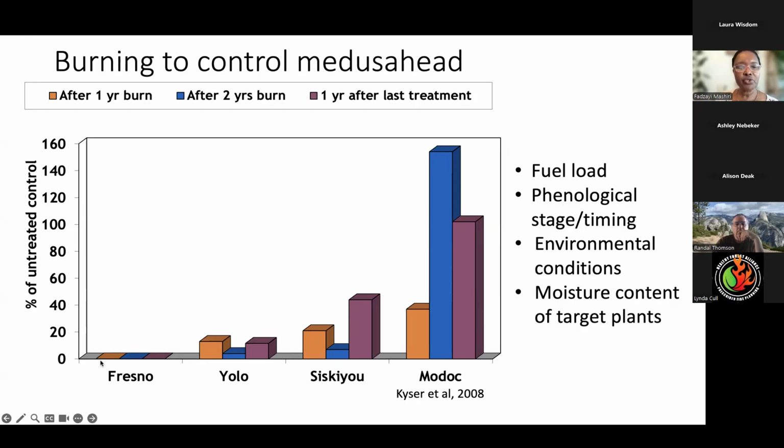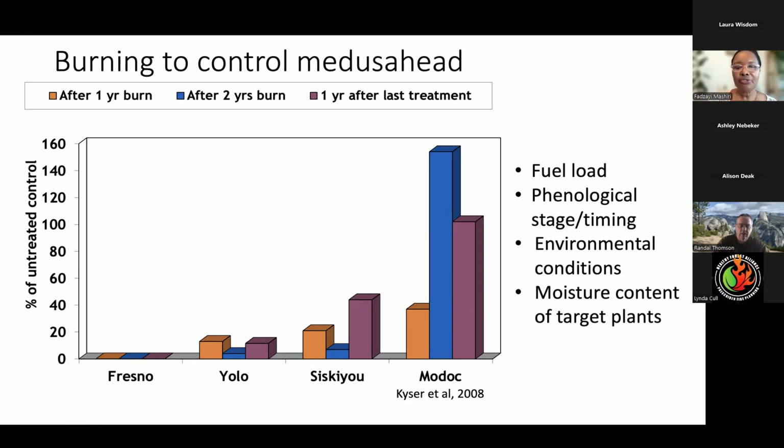And this is just to demonstrate an experiment where burning was done at the same time, around May, and control was very effective in Fresno, because in Fresno, those phenological stages were well matched. But when you go to areas that get more precipitation and stay cooler longer, the effectiveness was not as great, especially in Modoc, where in May the plants are basically just starting to grow.